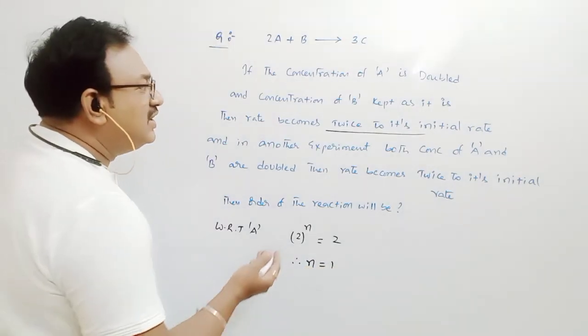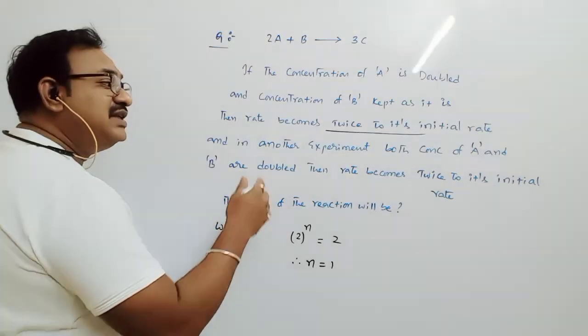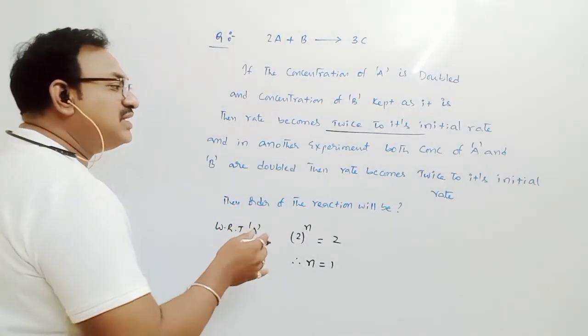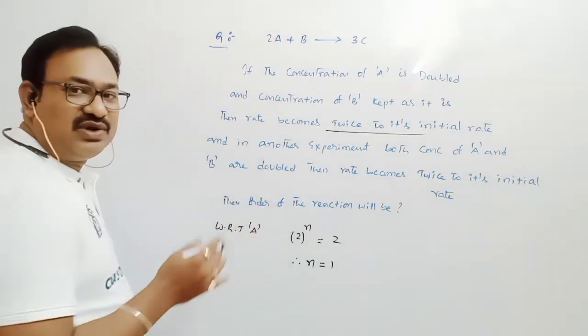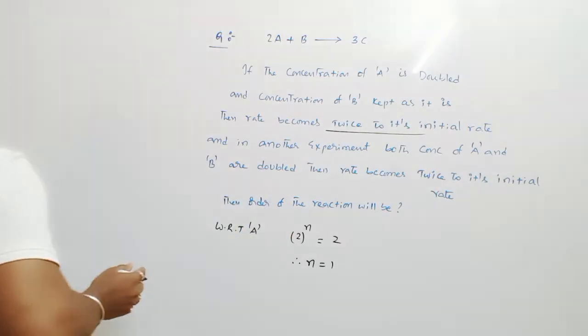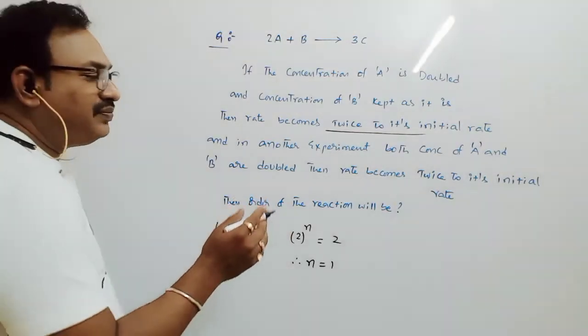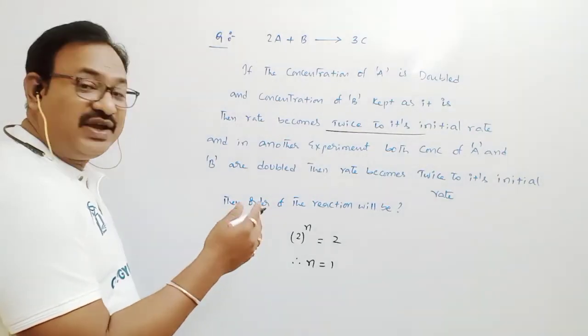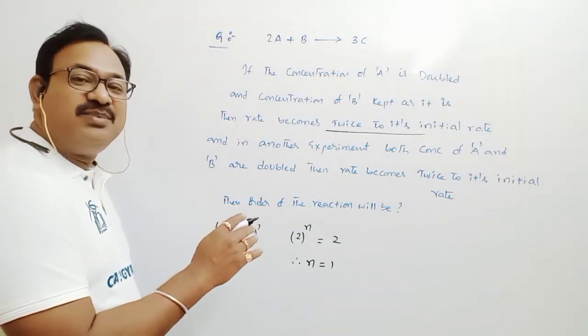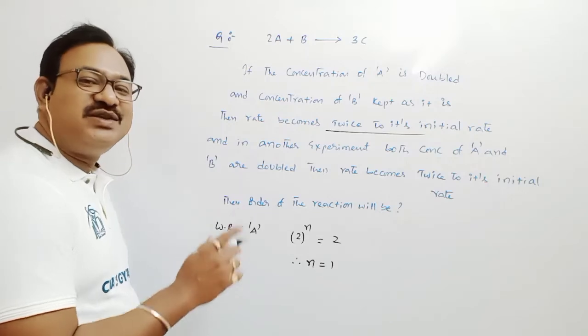Are you getting it? Next, in second experiment, both concentrations of A and B are doubled, but rate becomes twice. So what does it mean?